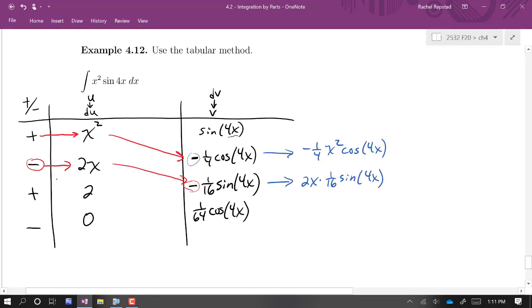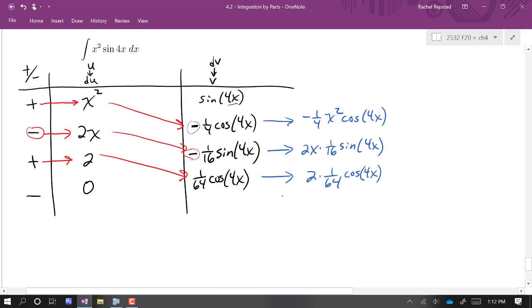And then our last product here is a positive 2 times 1/64 cosine 4x. Now we're just going to add these up.